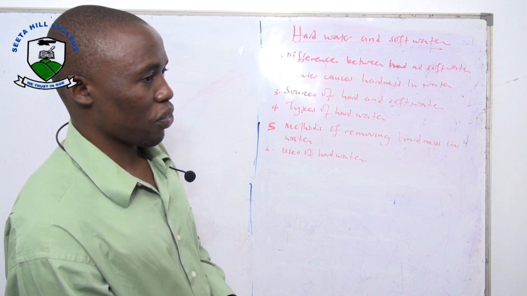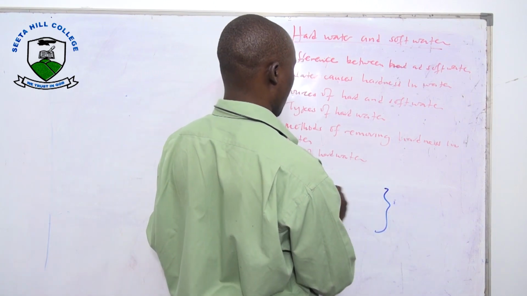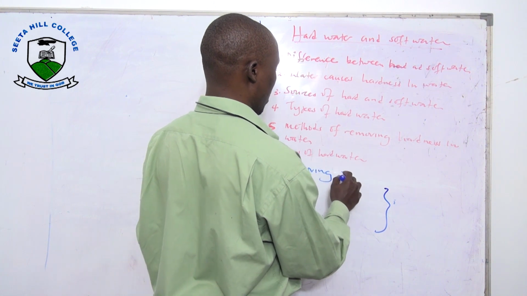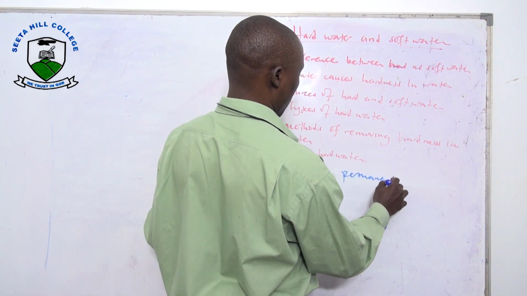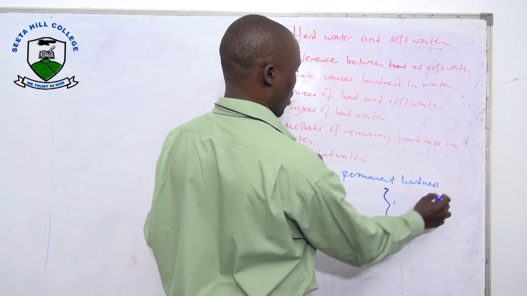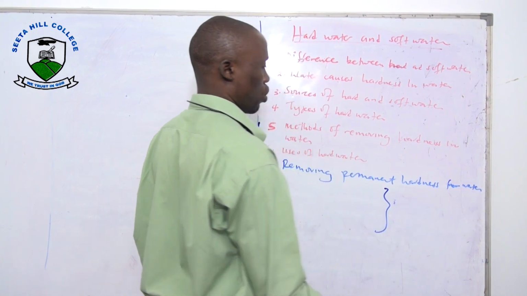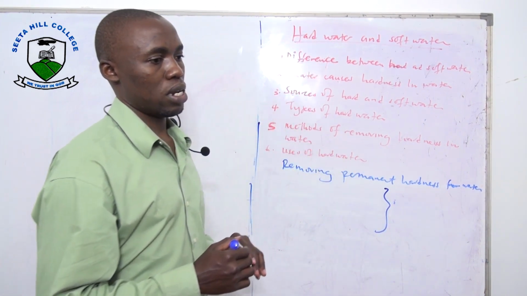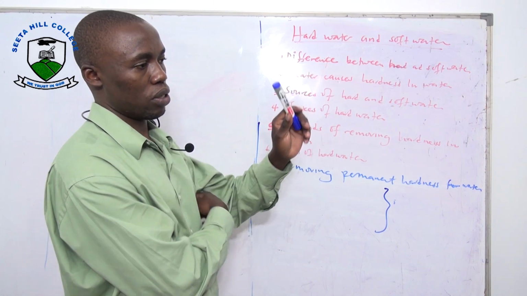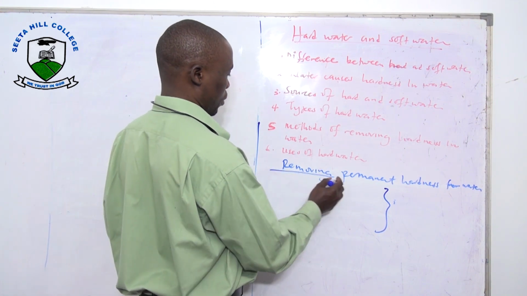Then the chemical methods: addition of washing soda for removing permanent hardness from water. You add washing soda or you add soda ash, or both work. Washing soda and soda ash do the work.